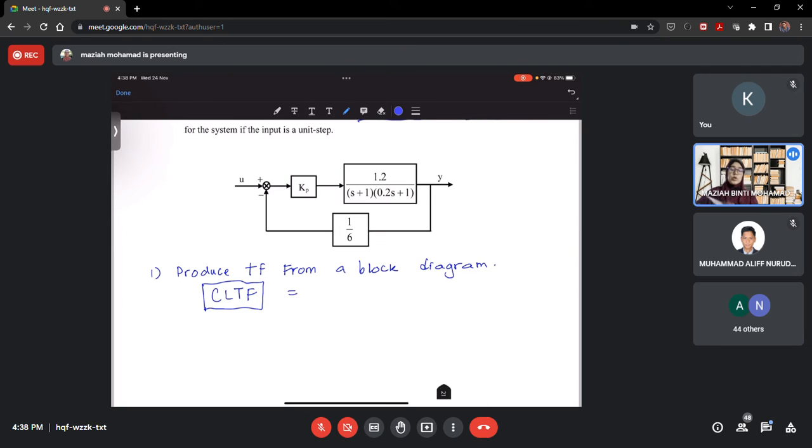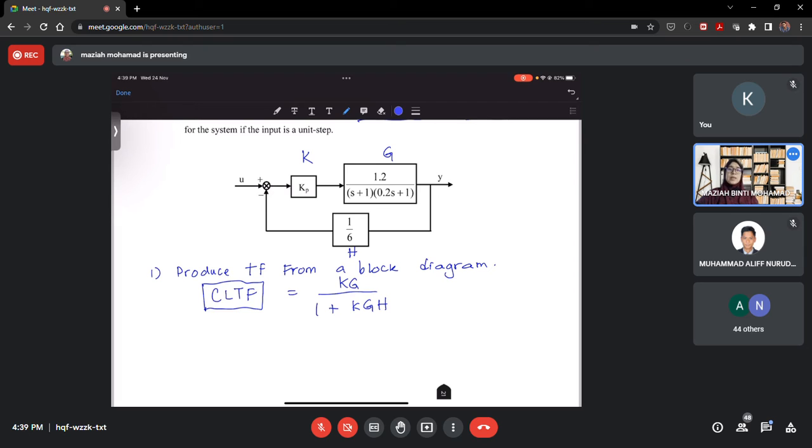You should be able to do this because the closed loop transfer function is KG over 1 plus KGH. So we're going to consider this as K, this as G, and this one here as H. K block, G block, and H block. Putting into the equation, let's determine the final transfer function.